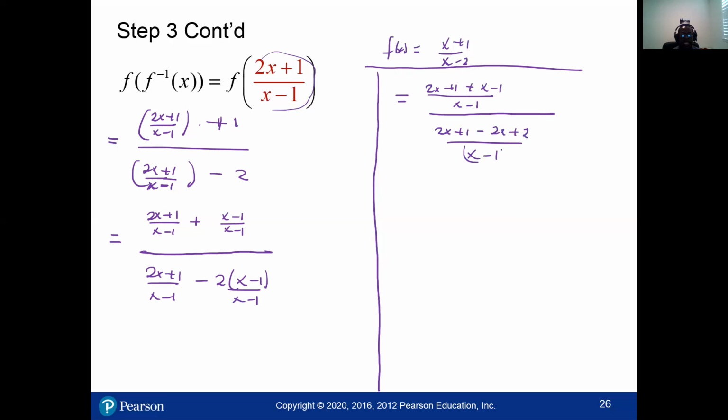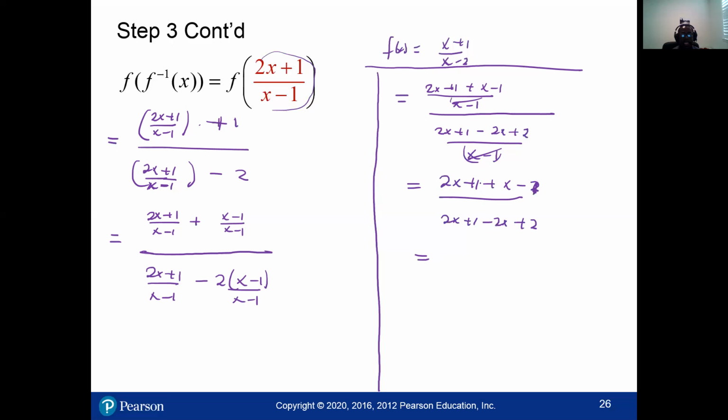So what happened is that the denominators will cancel out. And then you have 2x plus 1 plus x minus 1, divided by 2x plus 1 minus 2x plus 2. So let's simplify that. There's the numerator there.